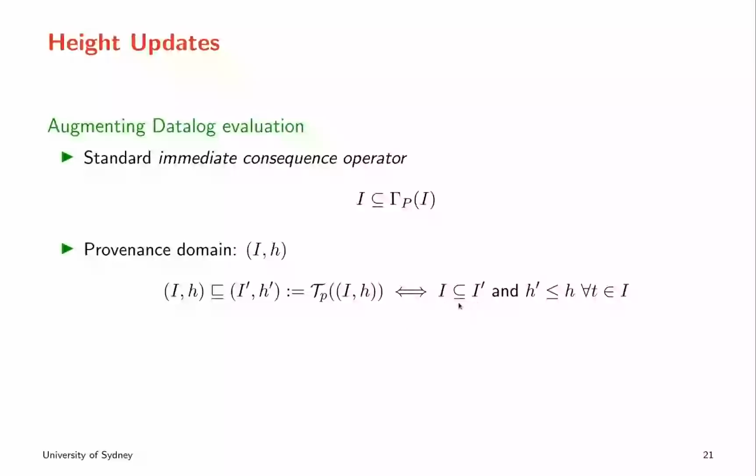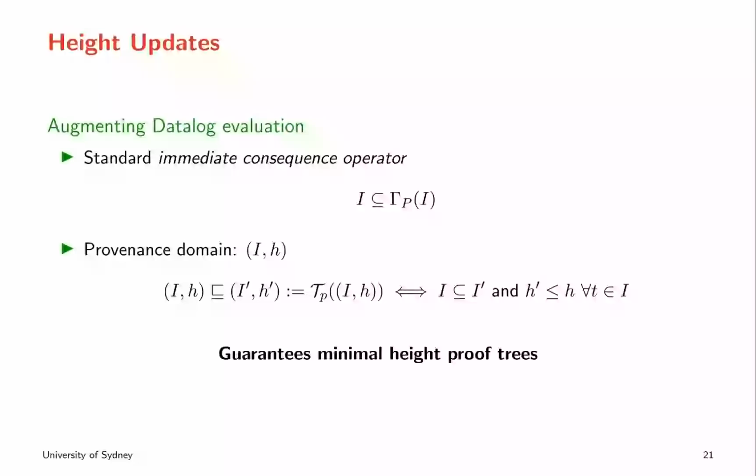This is very similar to the standard Datalog, where for each application of the consequence operator, we monotonically grow our instance. But the second condition is that the heights of the resulting instance are all less than the original heights. Intuitively, this means that every time we apply our provenance consequence operator, we derive new tuples and we also reduce the height of existing tuples.